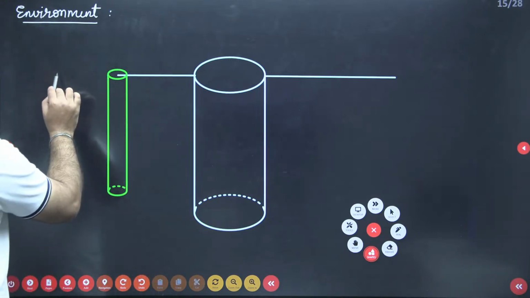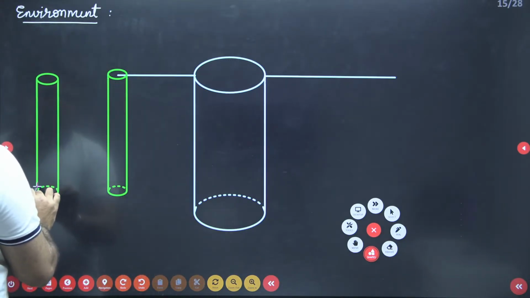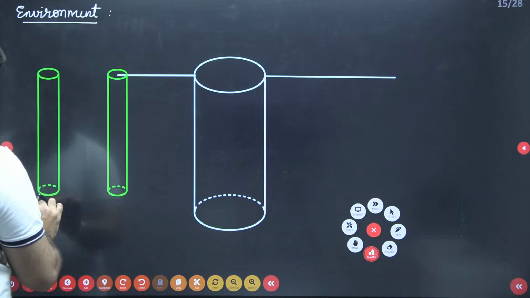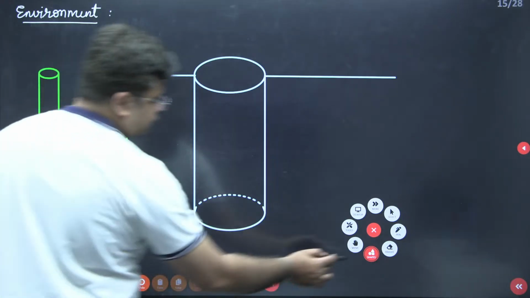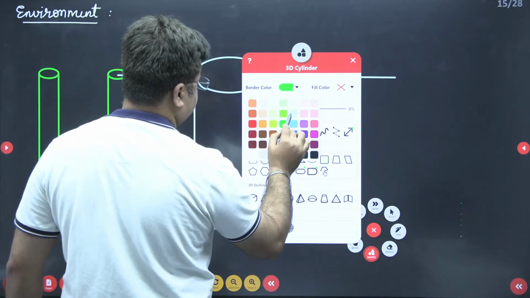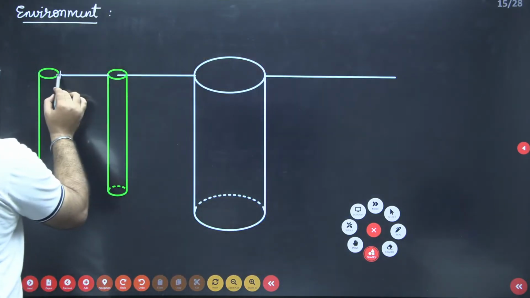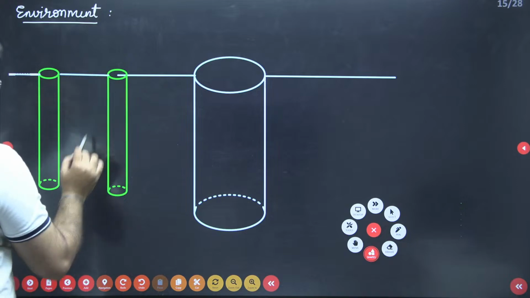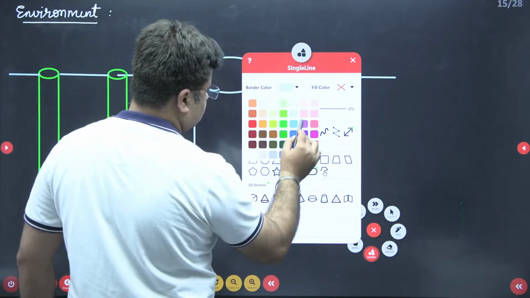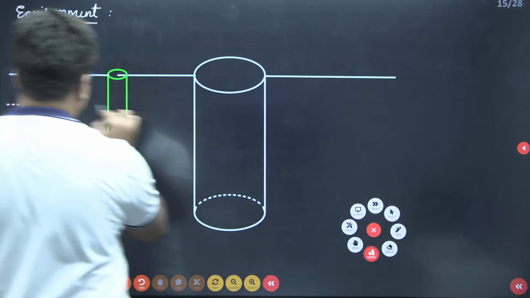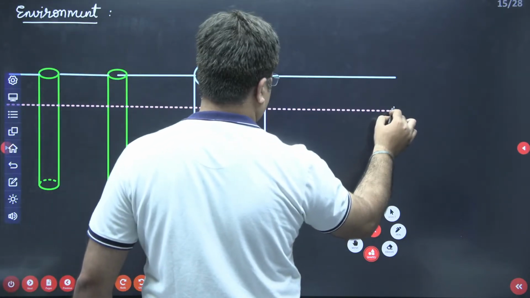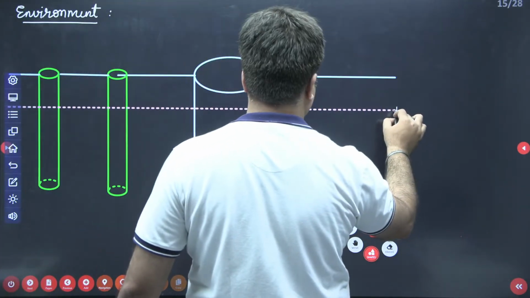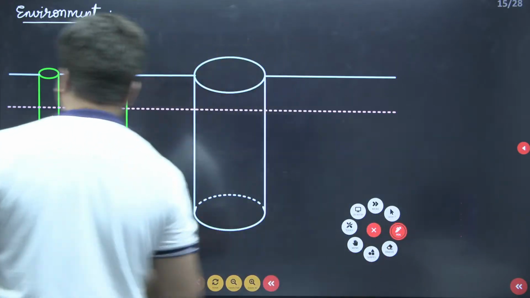And this is the second observation well. And this is your water level. Okay.